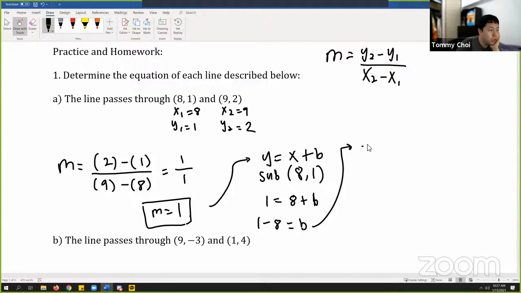And then plugging that in, I get negative 7 is equal to b. So once we have that down, we can now write our final equation. y is equal to x minus 7.